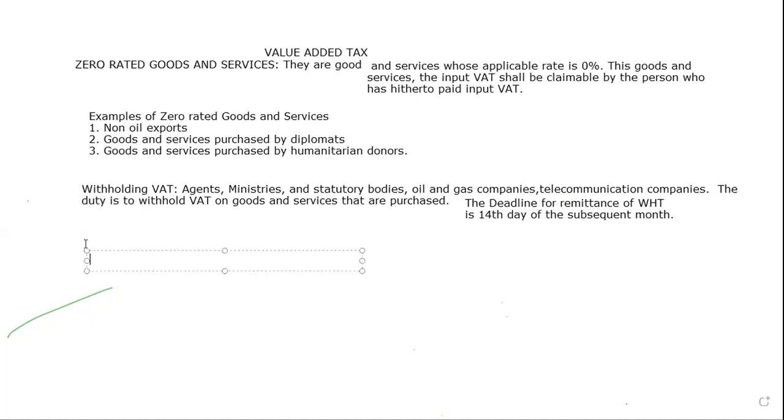So let's go to types of VAT. Input VAT. This is VAT on purchased goods or services. Output VAT.